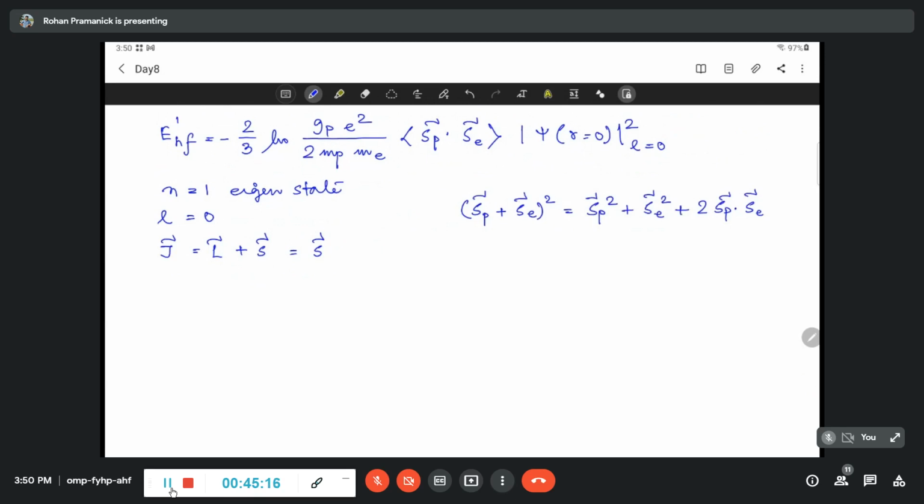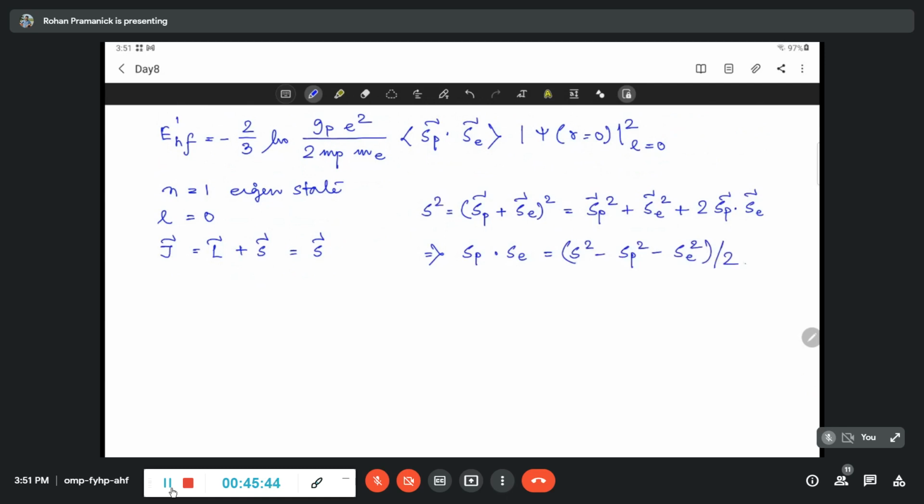So then we have S_p dot S_e equals, writing S as the total spin, S squared minus S_p squared minus S_e squared, and there is a factor of half.